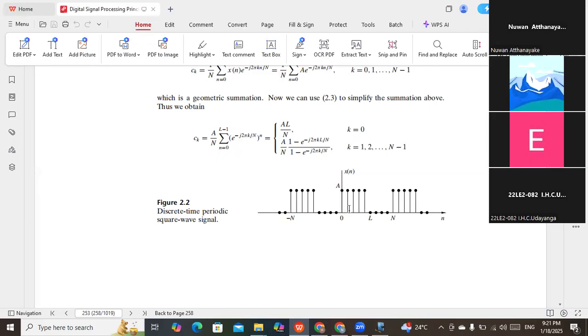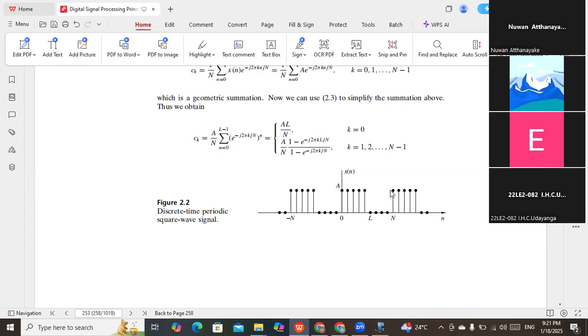Up to L, the values will be A. Then the values will be 0. So you can see that this is N, so this will be N plus 1. You can see that this one is repeating here.